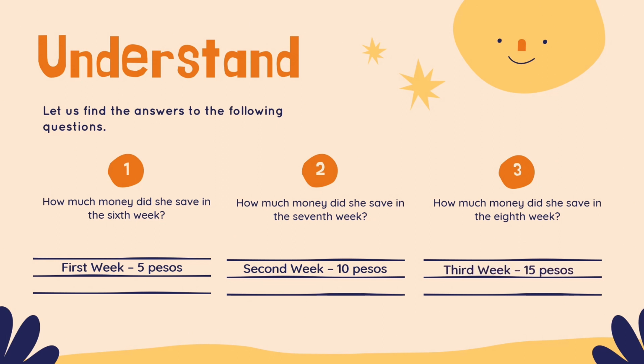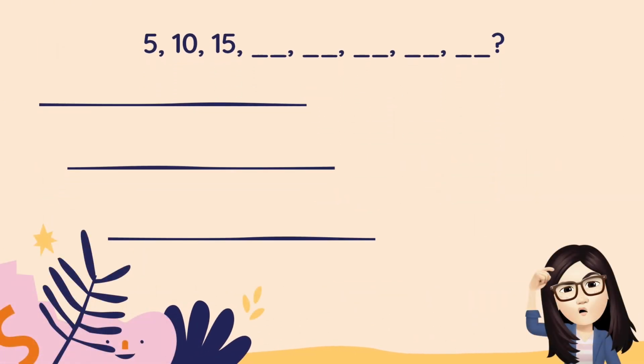In the third week, she saved 15 pesos. So we need to find the 4th and 5th week also. So let's write this down. That is 5, 10, 15. What's the next? Again, that is 5, 10, 15, and blanks.